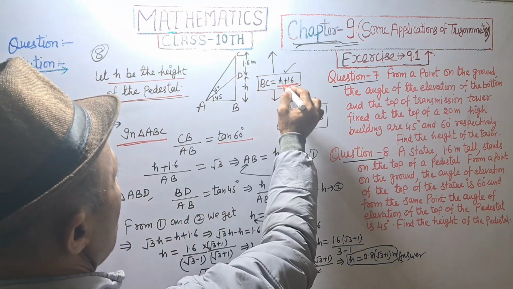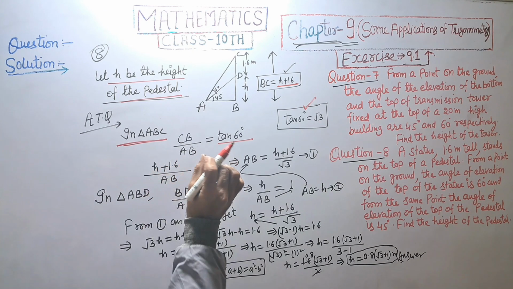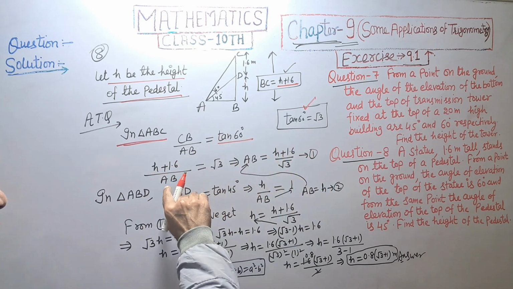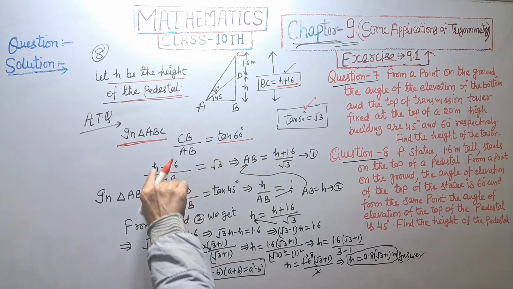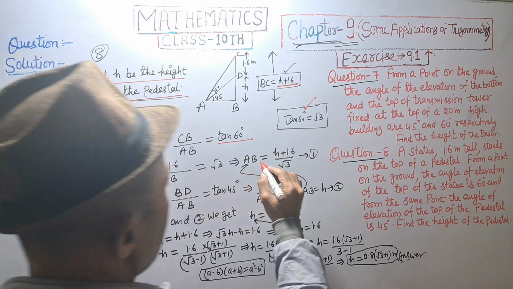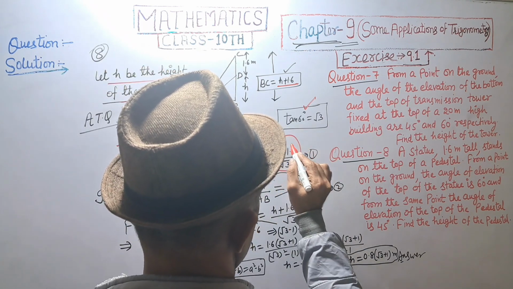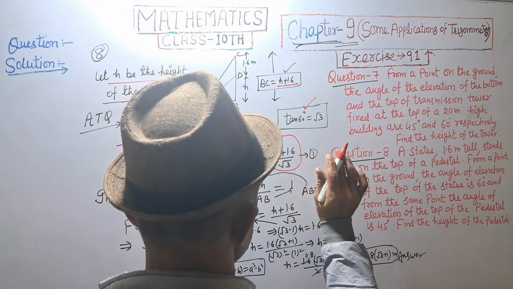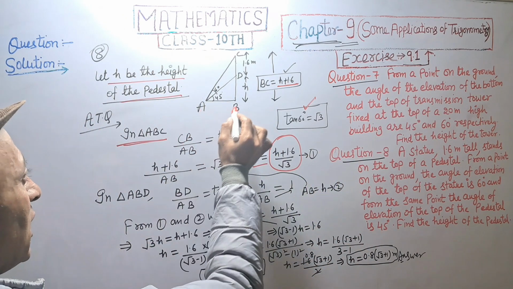CB is equal to h plus 1.6 divided by AB is equal to root 3, and AB multiplying on the right side and root 3 divides on the left side. So we get AB is equal to h plus 1.6 divided by root 3. It's equation number first.